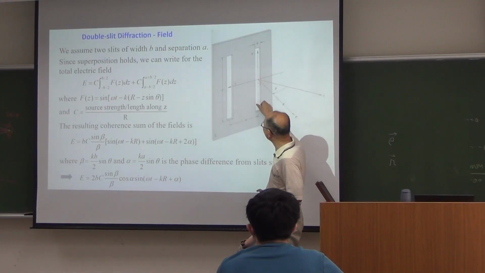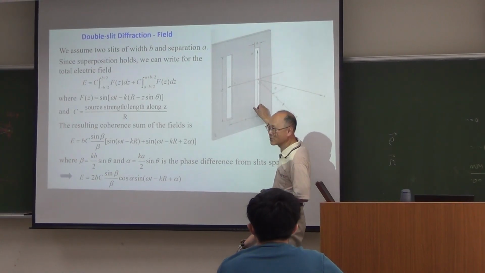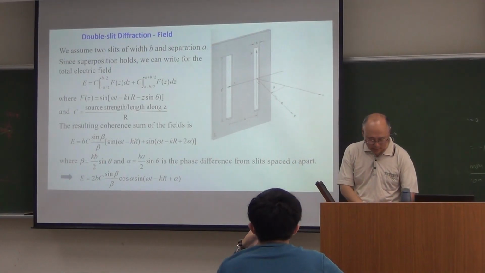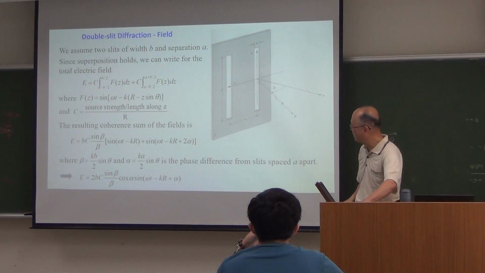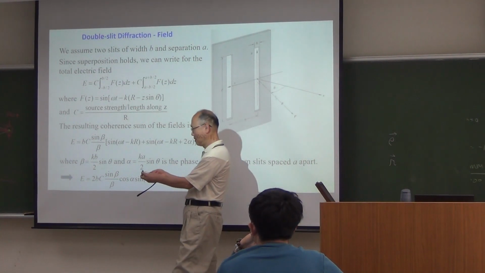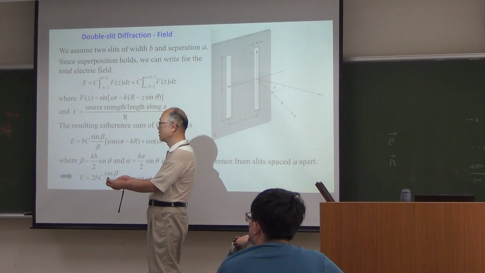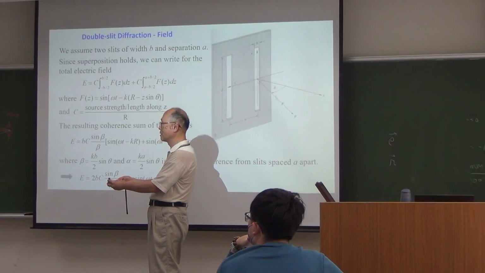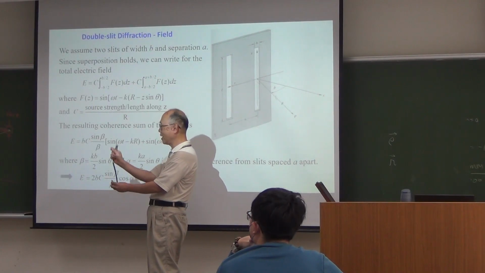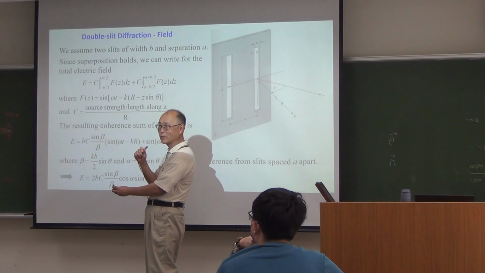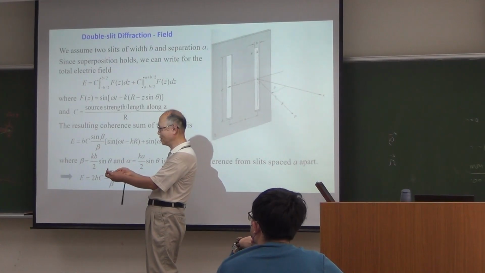Right? That's for the slits. For this one, do you see a sinc function? Yes, you see a sinc function. Because we have a slit, that is a square aperture, so you see a sinc function.